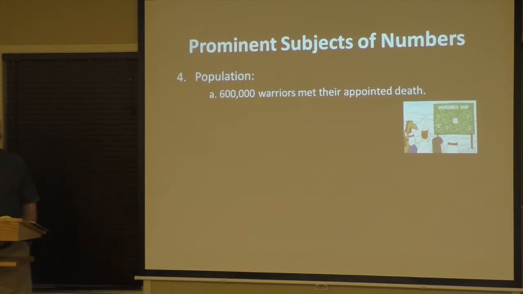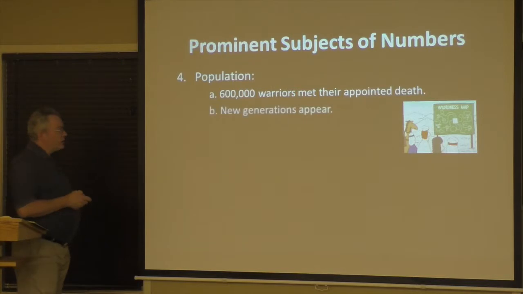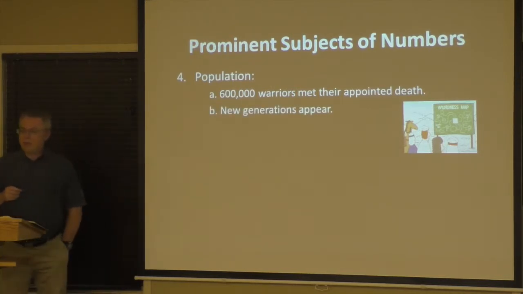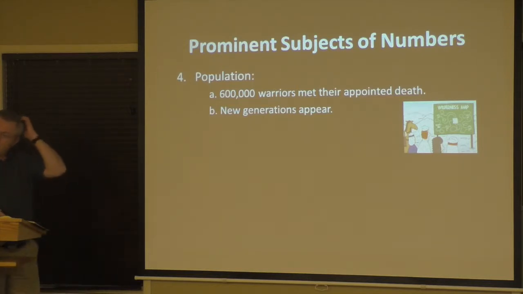And it would be through the 40 years that a new generation would appear. As the babies were being born, this would be the new generation that would take on the role that the old generation refused. This was the new generation that God was preparing.